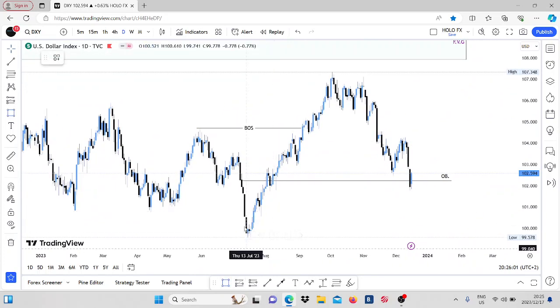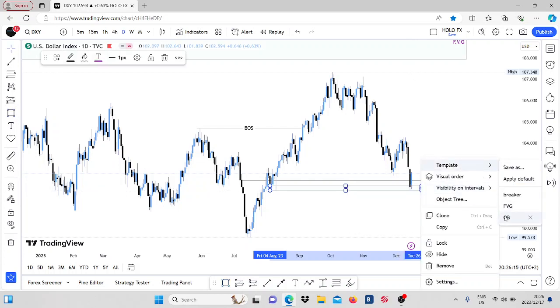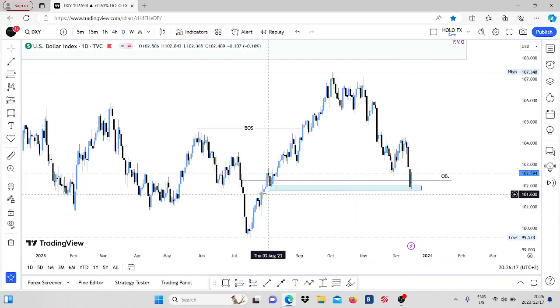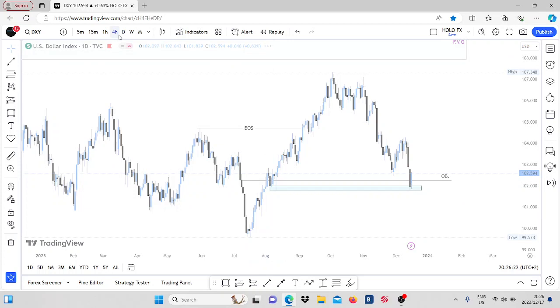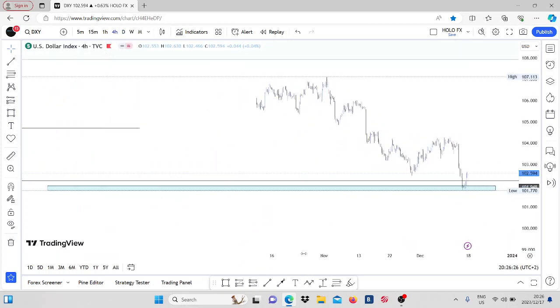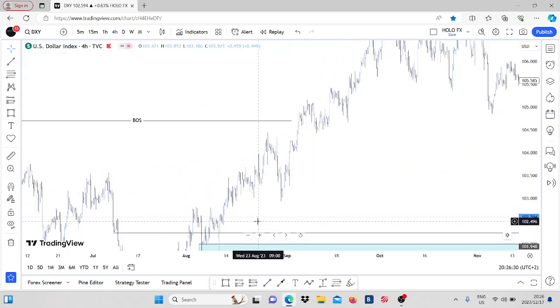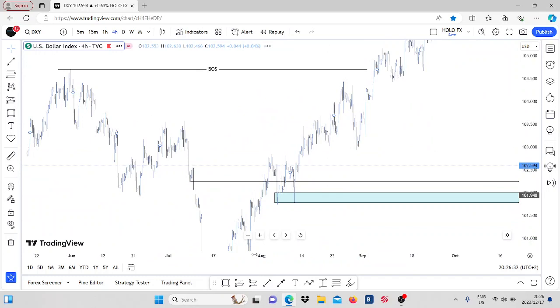So on a daily, that order block that we saw on a weekly, let's try to refine it. You might be asking yourself, why do I use the bottom wicks? Because on a lower time frame, that's an order block, like let's say on a 4 hour, it's a proper down wick, down candle. Let me try to zoom in and show you guys.